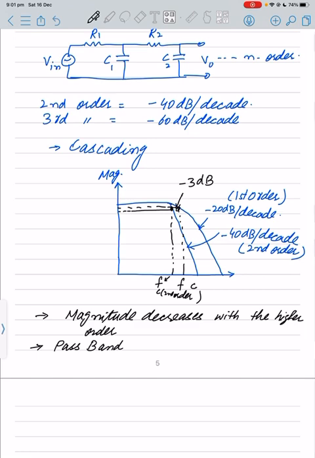So the pass band range also changes or decreases in case of the low pass with the higher order.